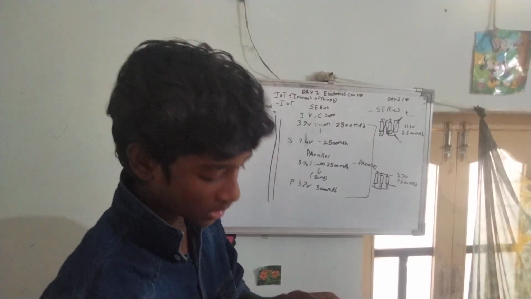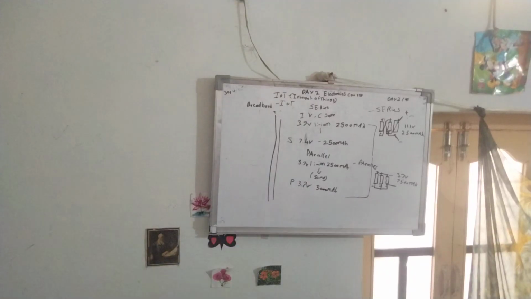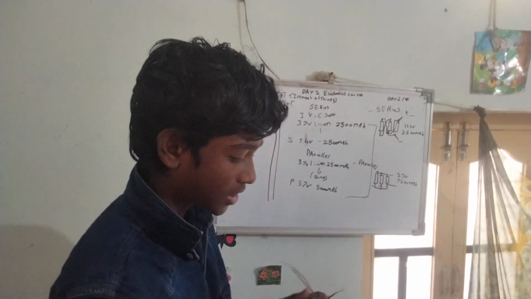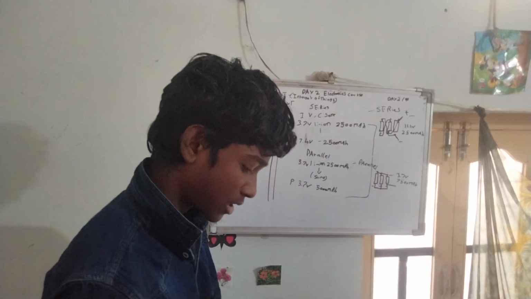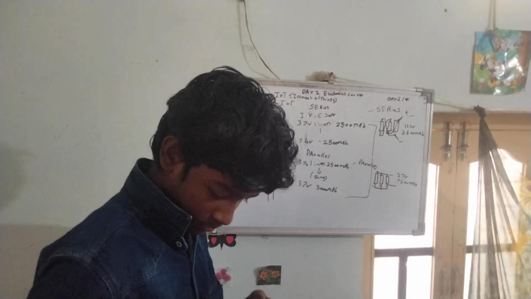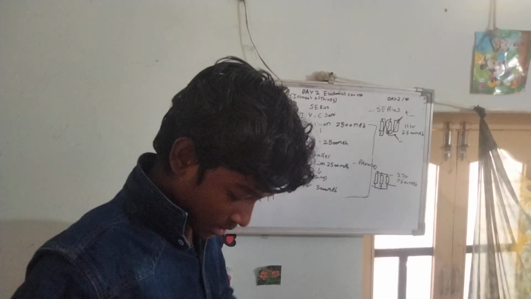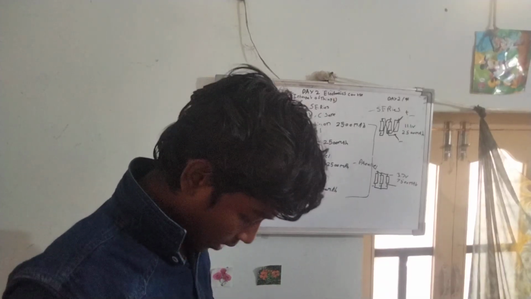So next time when you buy new batteries and check, it will definitely give you 18 volts. Okay, now we go with the parallel connection of the batteries, which comes along like this. Parallel is nothing but positive to positive and negative to negative.